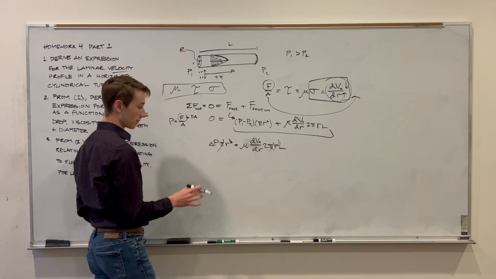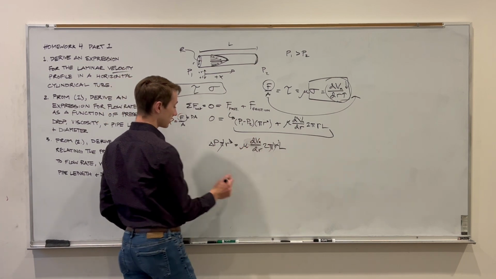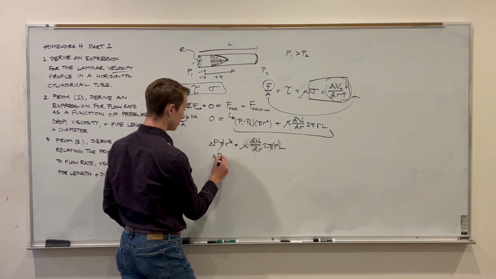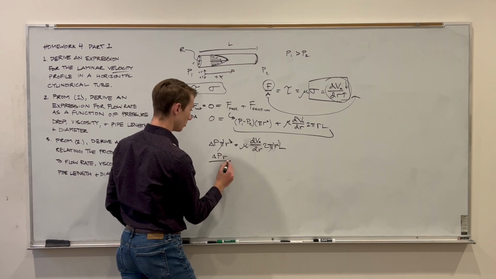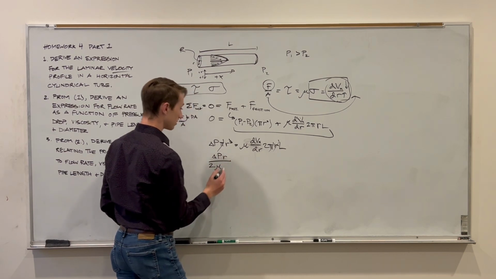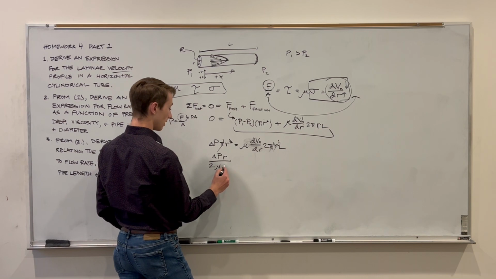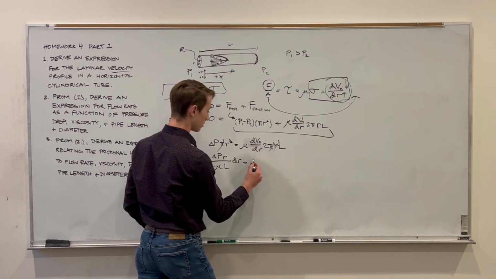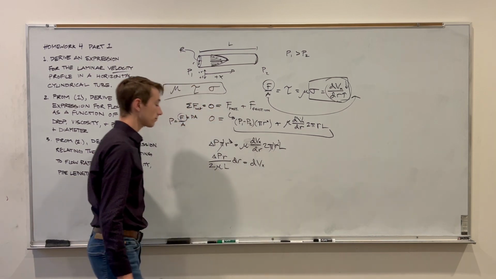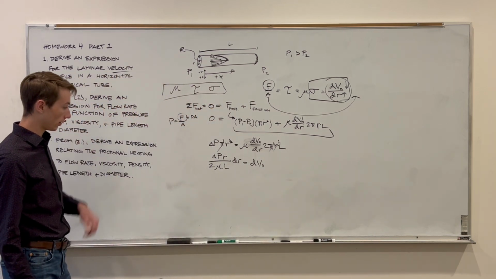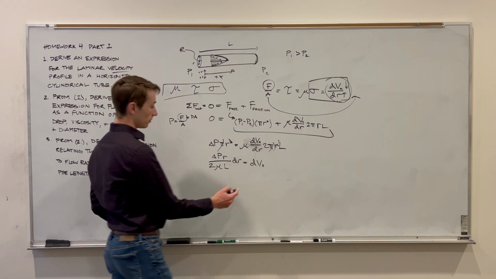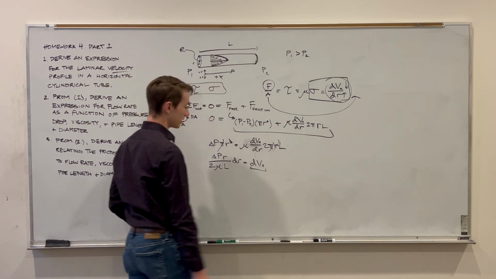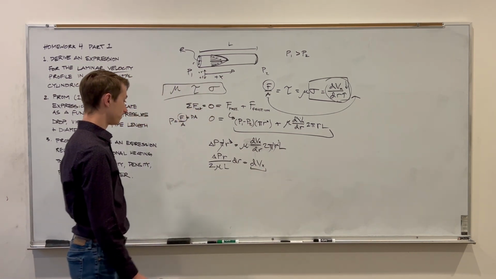Let's move some things around to isolate velocity. We get delta P r over 2 times the viscosity times L dr equals dV. Okay, so let's go ahead and find V. We need to integrate both sides.